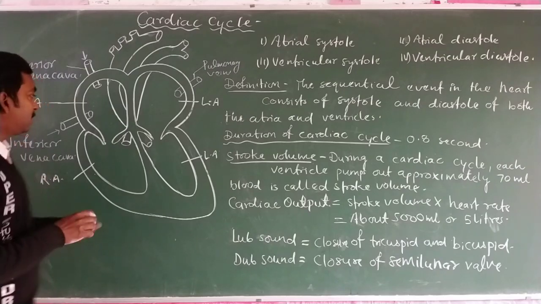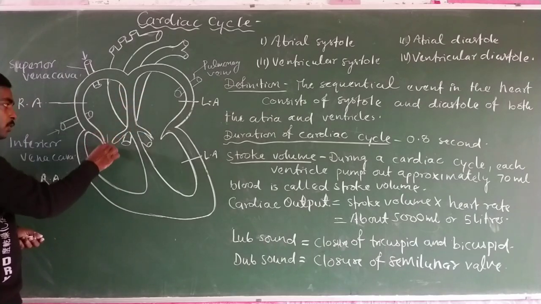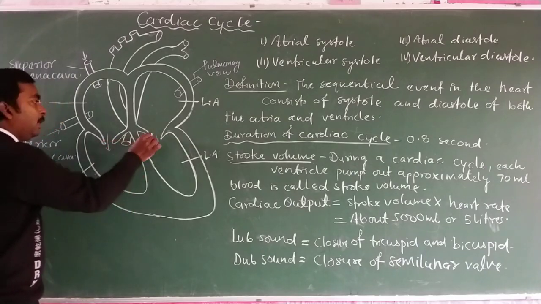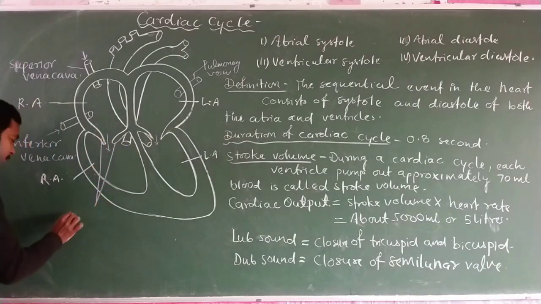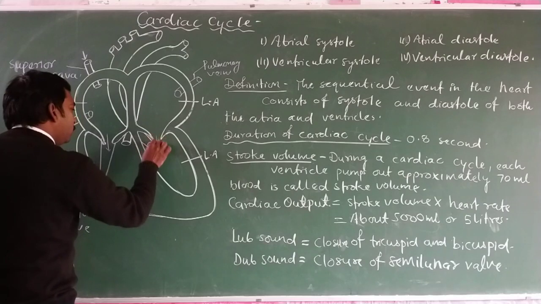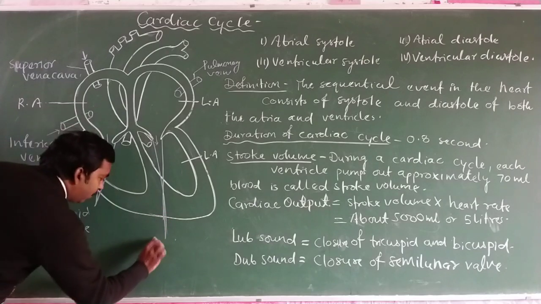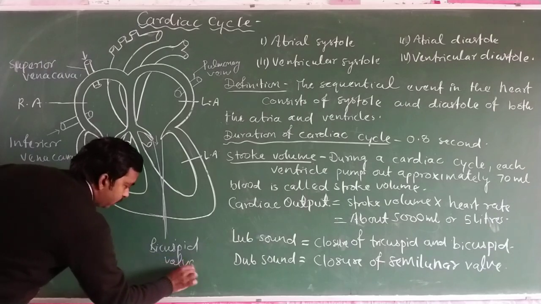When they are in relaxed mode, the blood collected into the atrium also goes into the ventricle, because at that time the valves remain open. The valves are known as the tricuspid valve on the right and the bicuspid valve on the left.